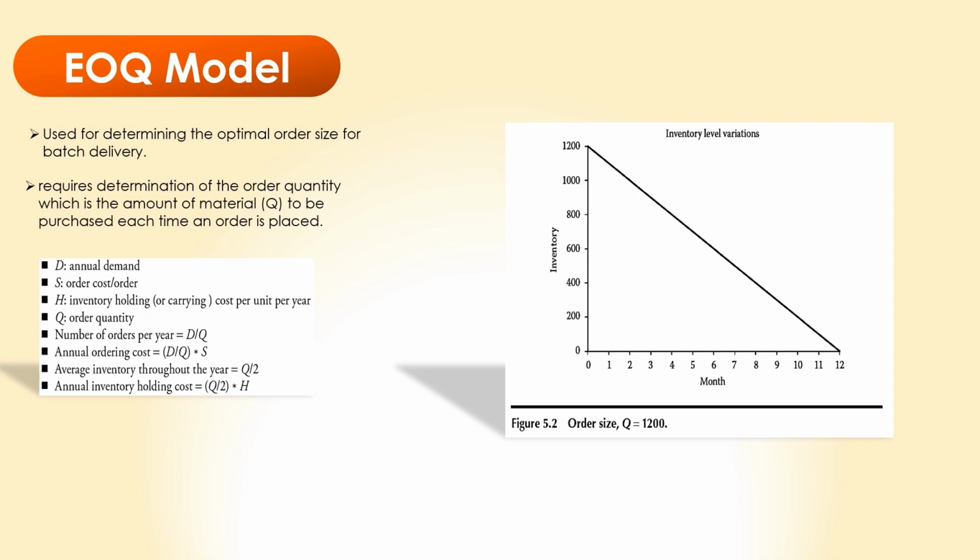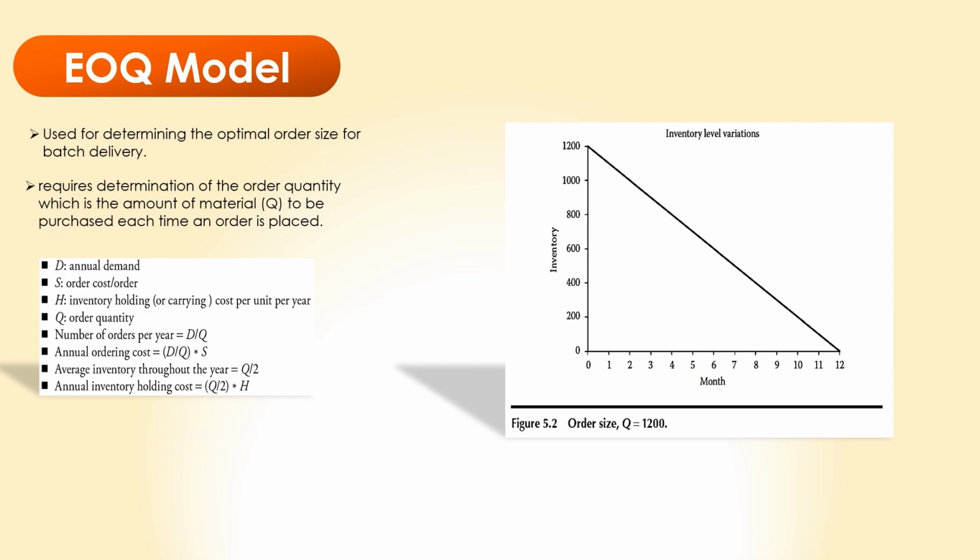So suppose we have here this example and this graph. Here the Q is given as 1,200, or the inventory is 1,200. Since the demand is constant and continuous, then the inventory reaches zero at the 12 month, at the end of the year.